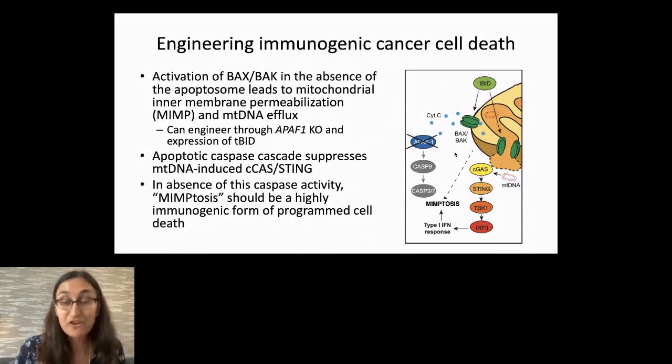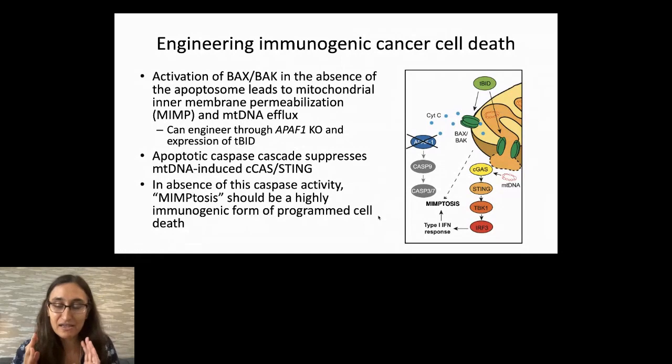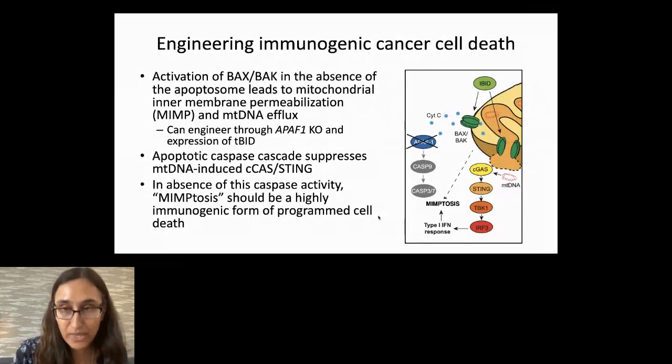It should be very immunogenic, okay? And this cell death mechanism, my collaborator has coined MIMPtosis, for this inner membrane permeabilization. Okay, so we have an immunogenic cell death, MIMPtosis, and a non-immunogenic cell death, apoptosis, okay?